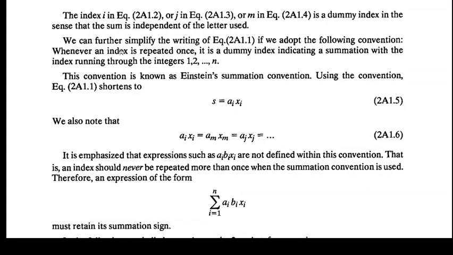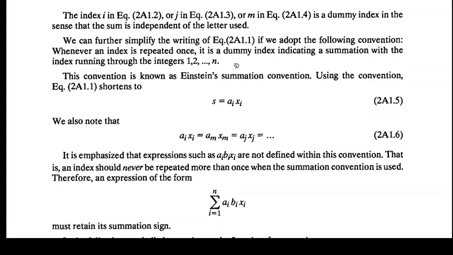Here again we have written the definition of a dummy index: if we adopt the following convention, whenever an index is repeated once, it is a dummy index, indicating a summation with the index running through the integers 1 to n. What is a dummy index? An index which is repeated once, meaning only one time repeated, so that it appears two times. One repetition means appearing two times.